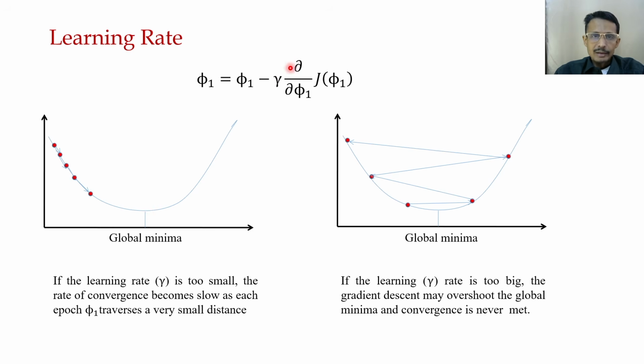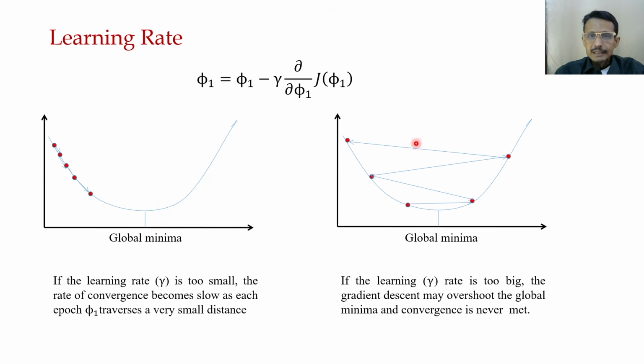Let's understand the implication of gamma. If gamma is very small, the iterative steps are very small, so it comes very slowly to the global minimum. So if the learning rate is too small, the rate of convergence becomes slow. It will come steadily, but slowly.